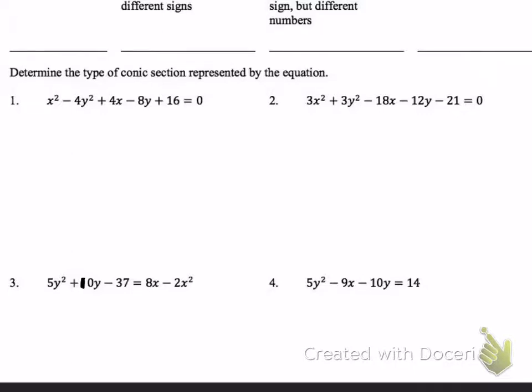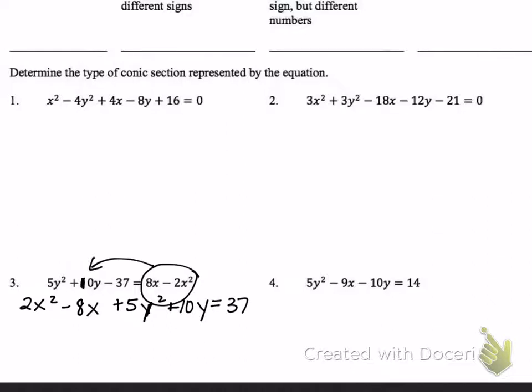Okay, I want to move all of this over to the left side. So I have 2x squared. Because it's a negative 2 on the right, when I move it to the left it becomes a positive 2x squared, minus 8x plus 5y squared plus 10y equals 37.